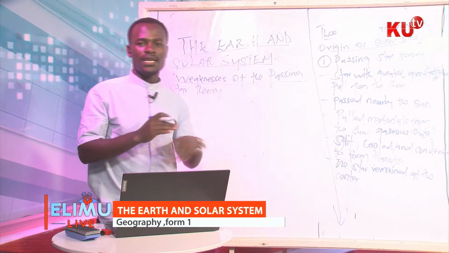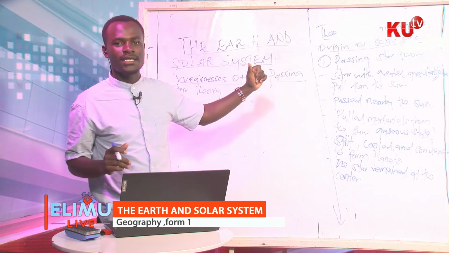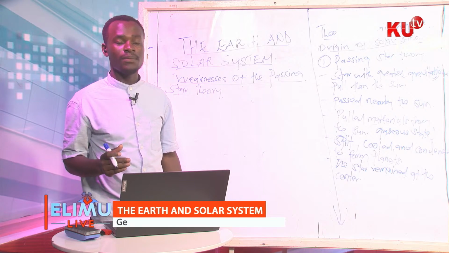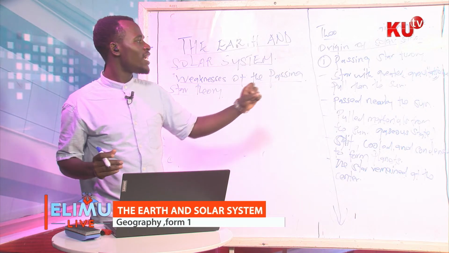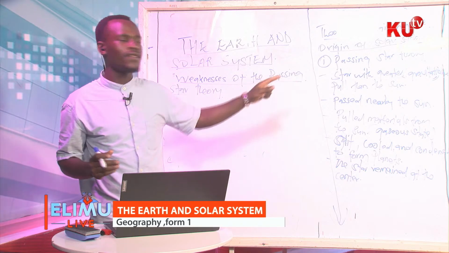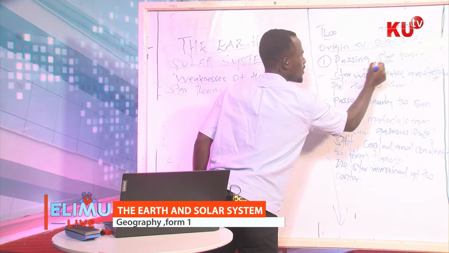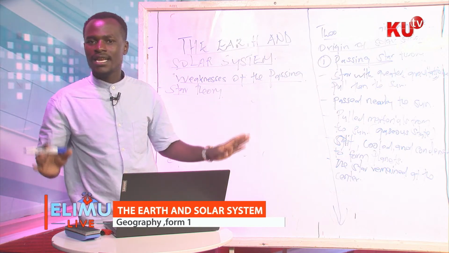They have given us an explanation of how we had a star and everything up to the existence of the solar system. However, weakness number one of the passing star theory: it does not explain to us the existence of this star. It just said there once existed a star.